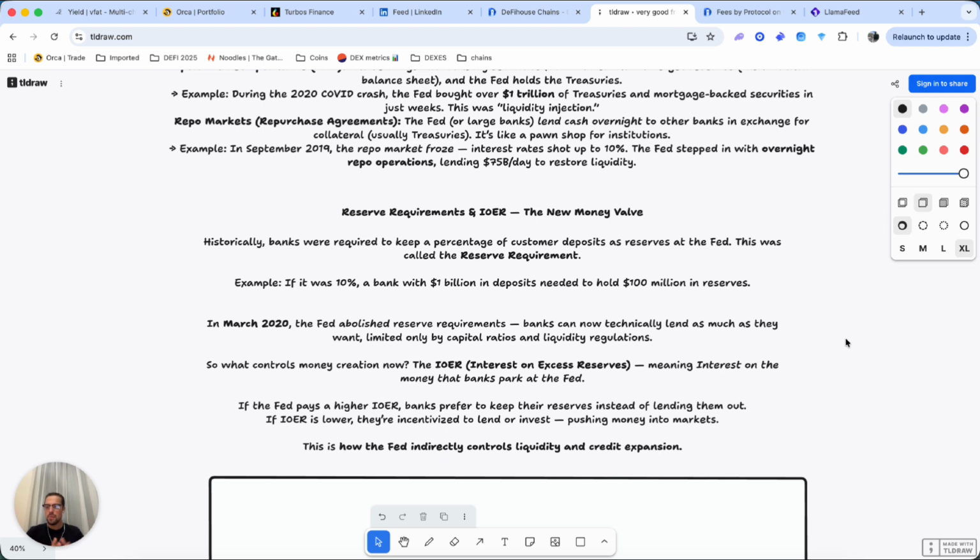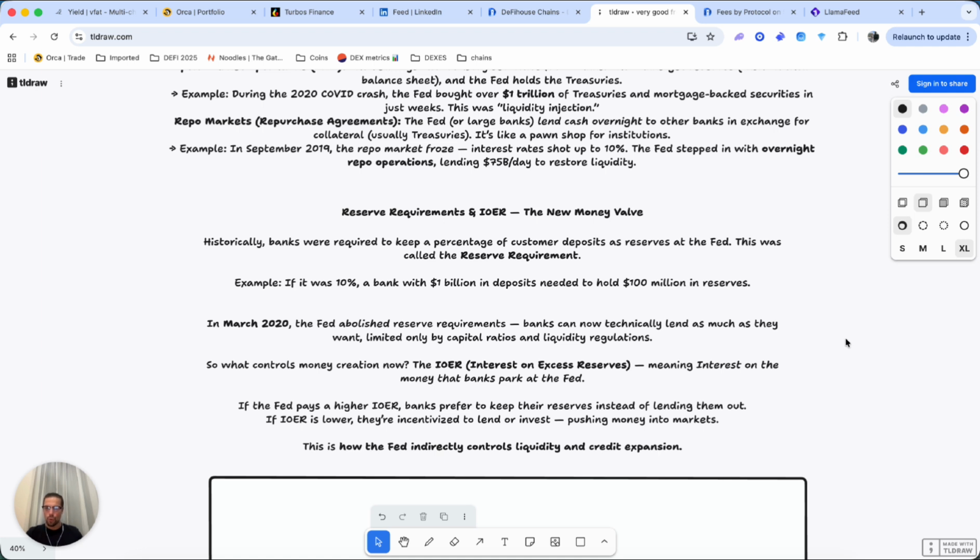But in March 2020, kind of at the same time as the COVID stuff happened, the Fed abolished reserve requirements. So banks can now technically lend as much as they want, limited only by capital ratios and liquidity regulations. Okay? And it's still active up to today.